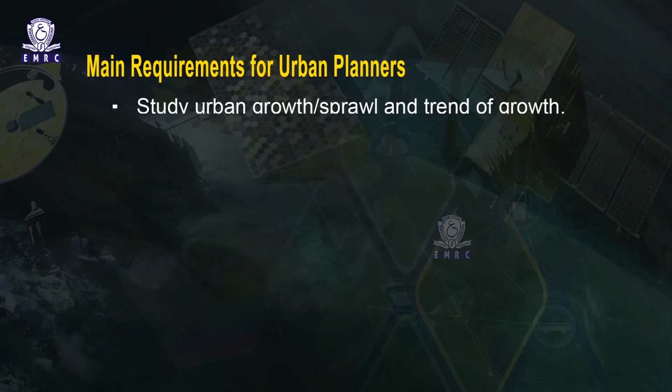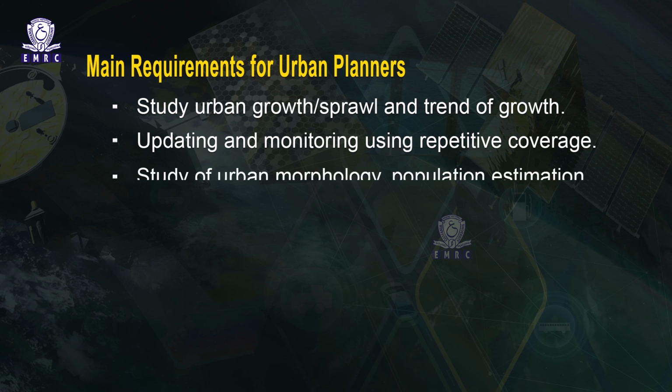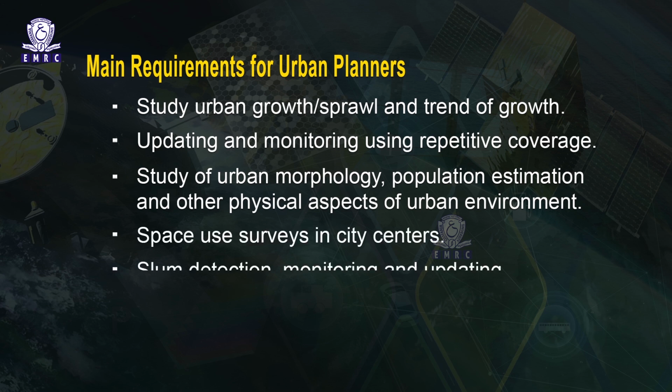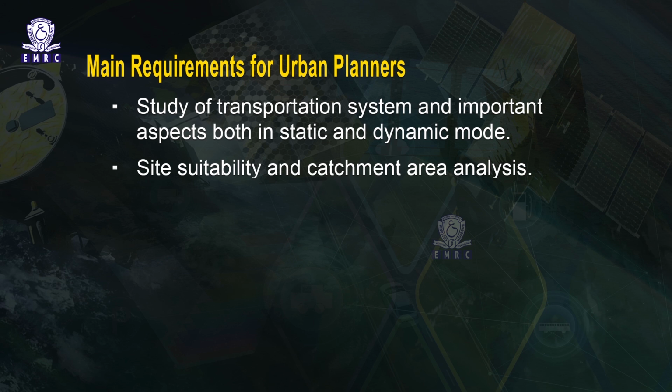In addition, with appropriate techniques and methodology, the same data products can be used to study urban growth, sprawl and trend of growth, updating and monitoring using repetitive coverage, study of urban morphology, population estimation and other physical aspects of urban environment, space use surveys in city centers, slum detection, monitoring and updating, study of transportation system and important aspects both in static and dynamic mode, site suitability and catchment area analysis, study of open or vacant spaces.